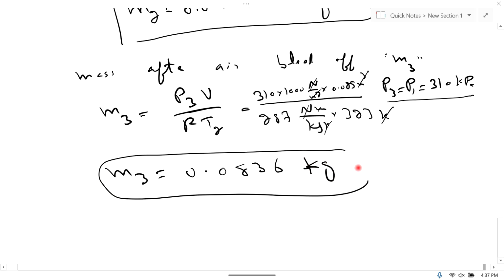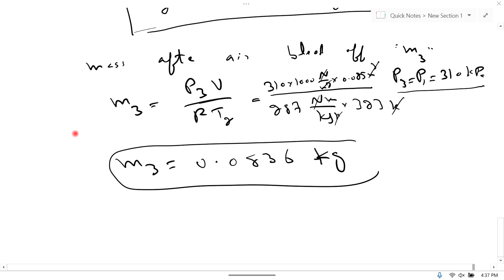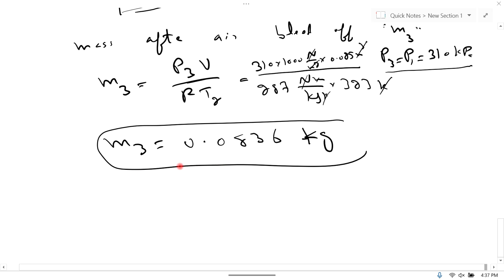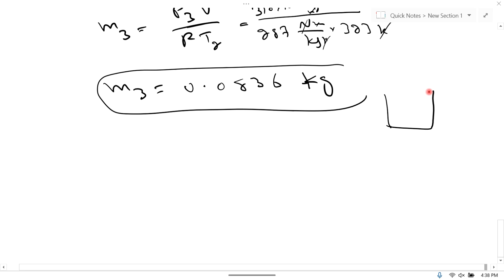Now this is the final mass of air, M2, and this is the mass of the air after removing, M3.